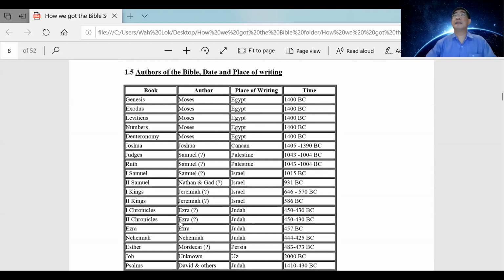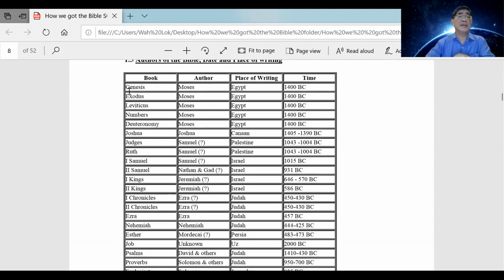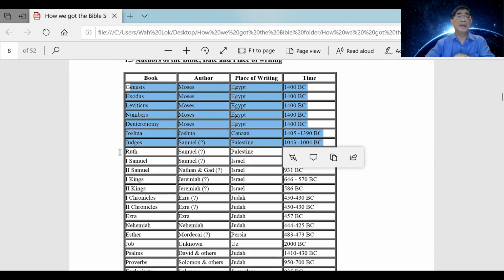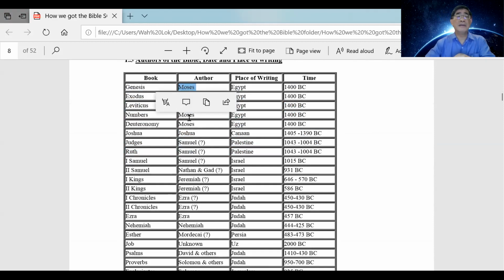Okay, now I want to come on to the next section of your notes, where I want to look at this particular chart: authors of the Bible, the dates and the place of writing. You can see here, chronologically from the Bible, Genesis, Exodus, the name of the book, then the author name, the place of writing, and the date of the writing.